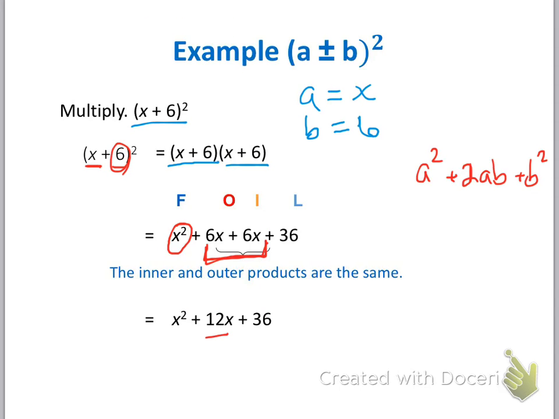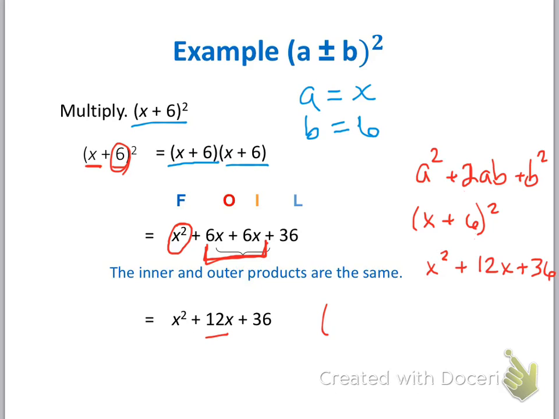So instead of FOILing, I can do x plus 6 squared by doing x squared plus 2 times x times 6. 2 times 6 is 12, plus 6 squared. Let's try another one.